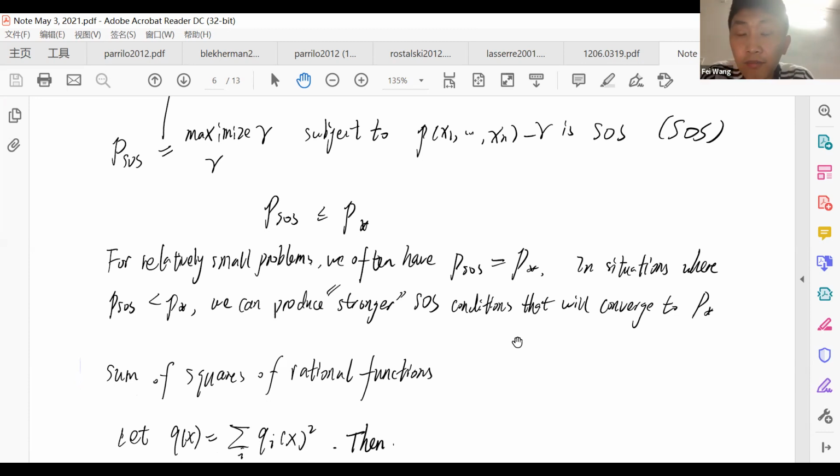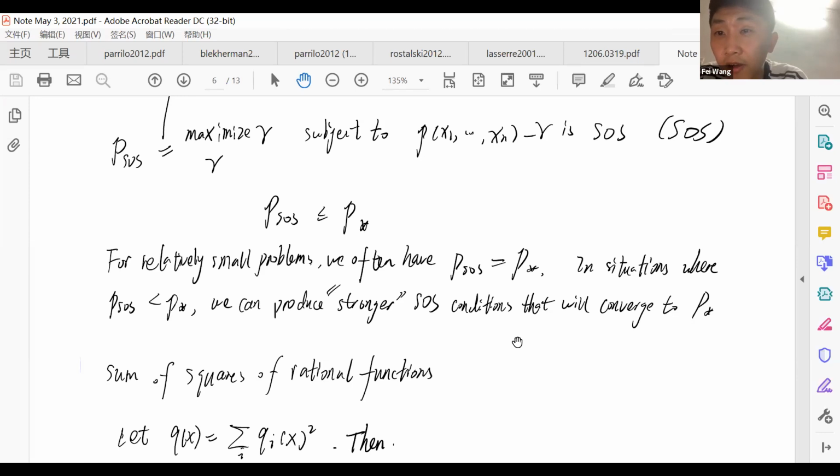In situations where p_sos is strictly less than p star, we can actually produce stronger sum of squares conditions that will converge to p star. We will talk about this later.